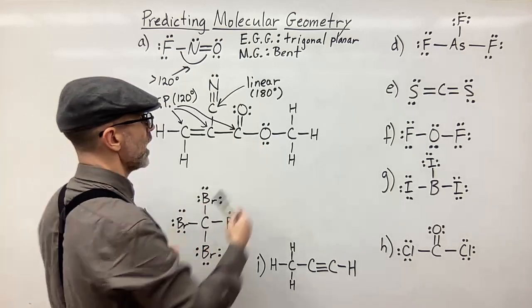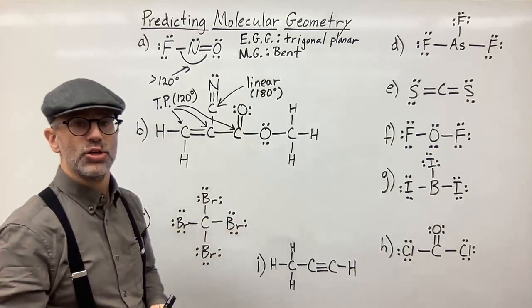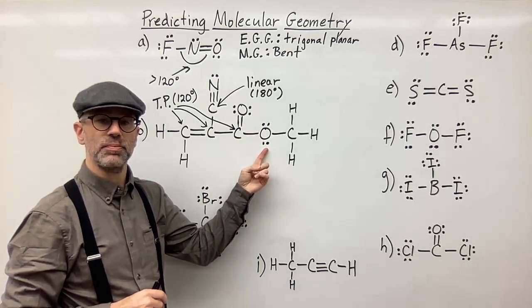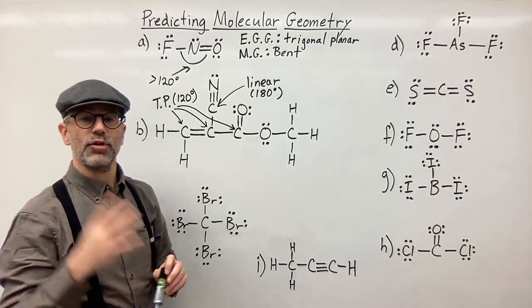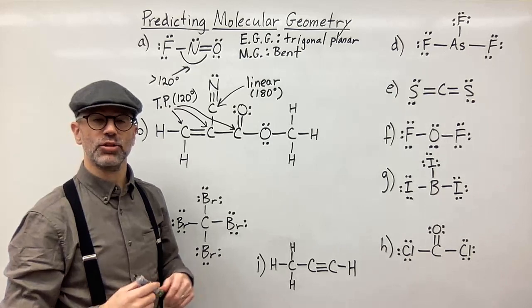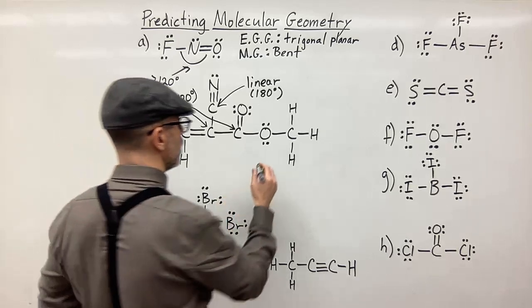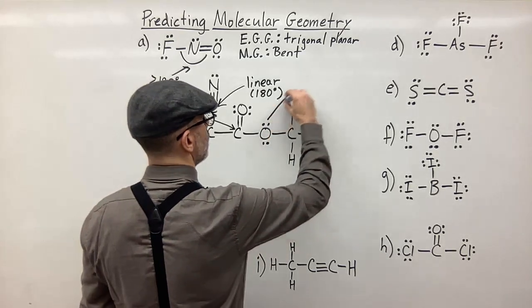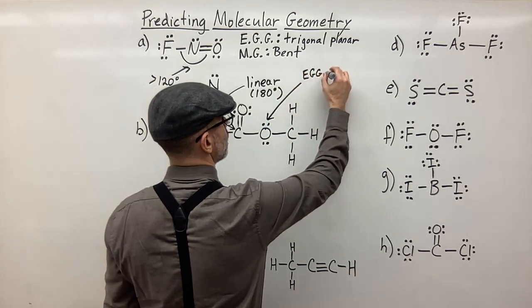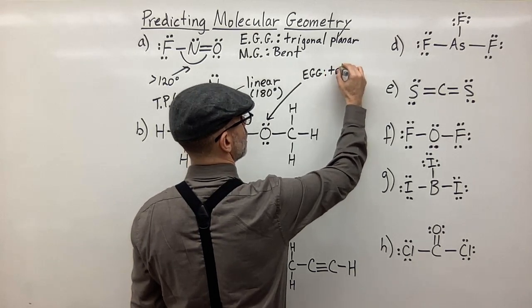Here, we have an oxygen with 2 bonds, 2 single bonds, and 2 lone pairs. So you have 4 total electron groups around this atom. If you look at your chart, whenever you have 4 total electron groups around your central atom, that's going to give you a tetrahedral electron group geometry. So here, the electron group geometry is going to be tetrahedral.